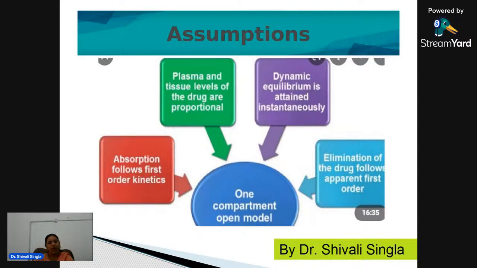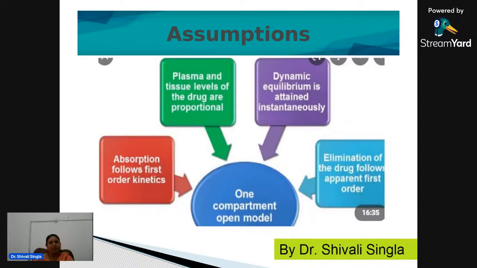Now because it is a mathematical model, we have to make some assumptions for the calculation of our parameters. In the one compartment open model, first we assume that absorption follows first order kinetics. Means absorption is concentration dependent, it is in a passive manner, and it follows first order kinetics.